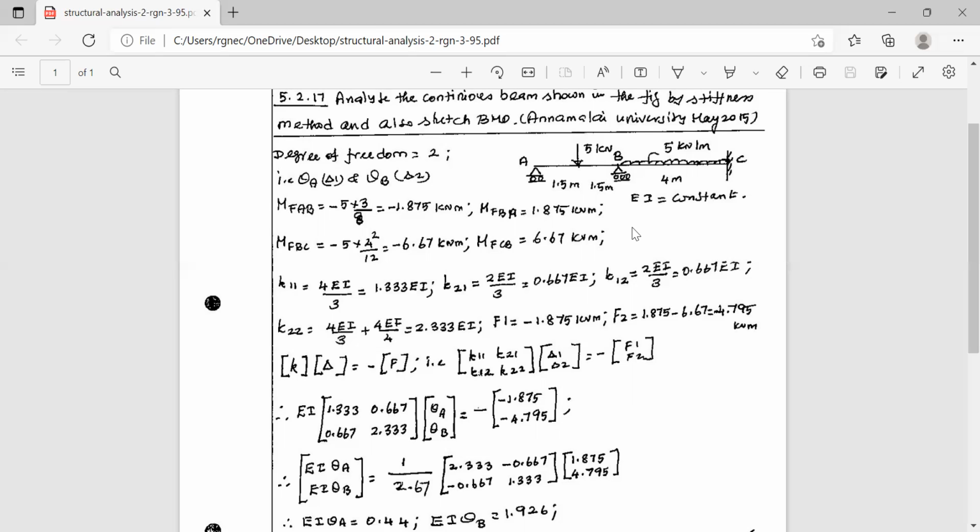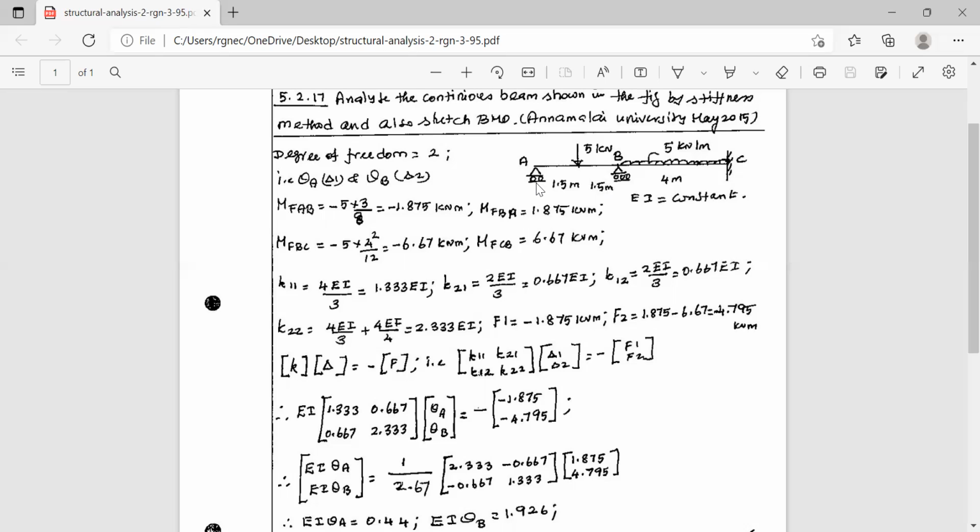Now we will apply unit rotation at displacement number 1 and calculate the moments induced at 1 and 2. Similarly, we will apply unit rotation at B and calculate the moments induced at B and A. Here A is displacement number 1 and B is displacement number 2.